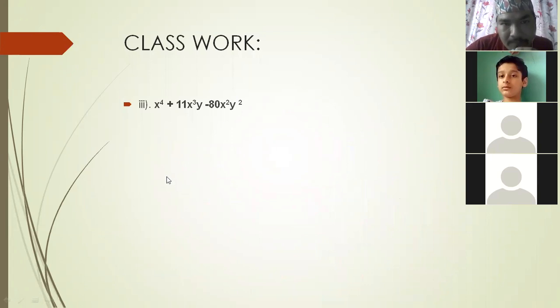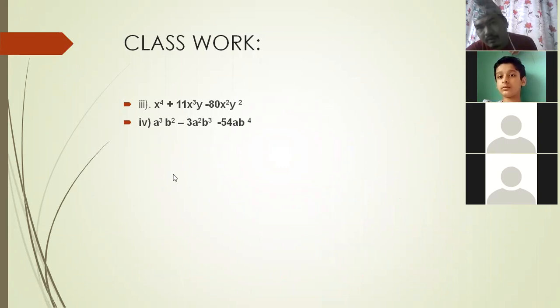Now see there, the second one, how to solve it? Sir, by taking common. Okay, by taking common. What is common there? Sir, AB square. AB square, good.